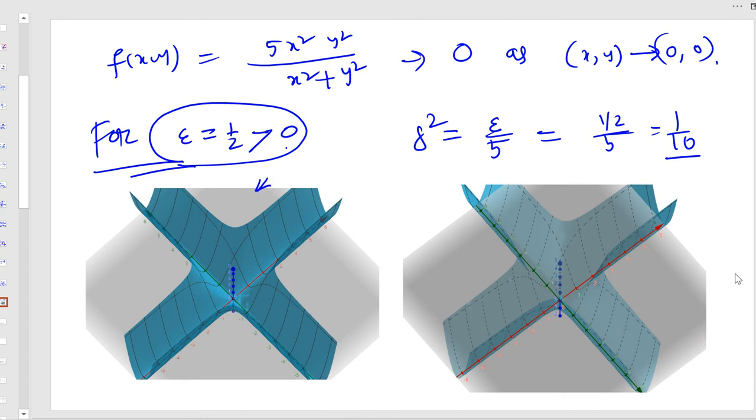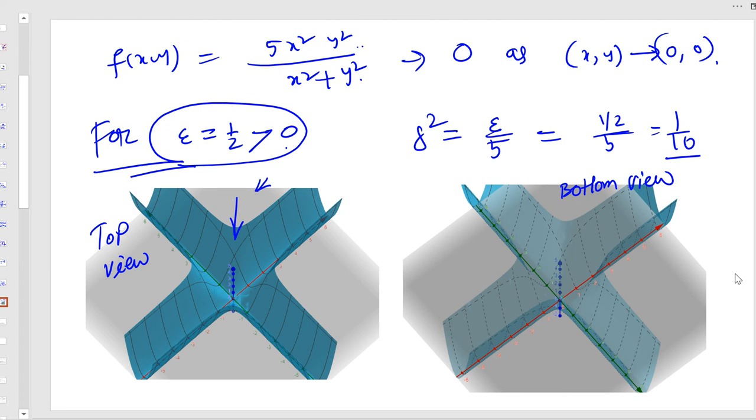So from the top, you see the functional value near (0, 0) seems to match. But if you substitute the value (0, 0), it is going to be 0 by 0 form, an infinity form, or undefined form.